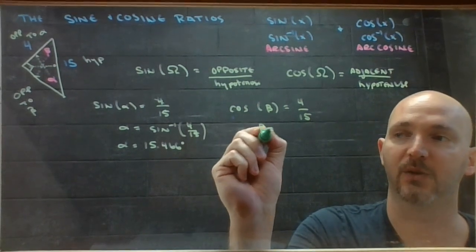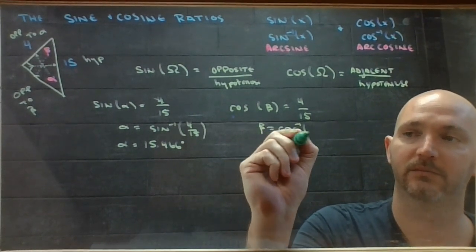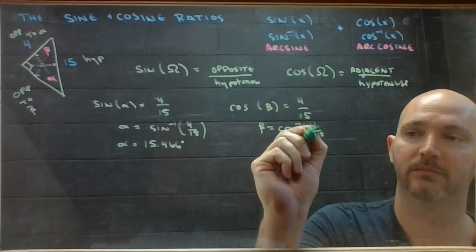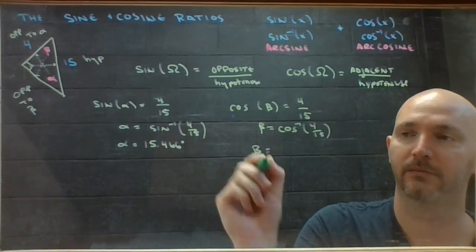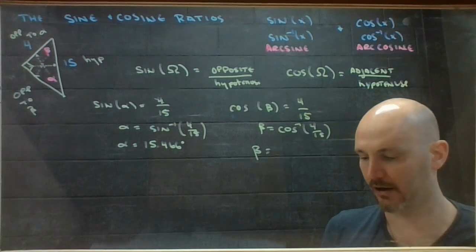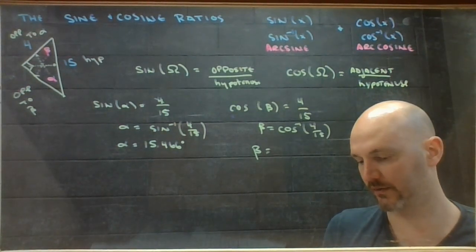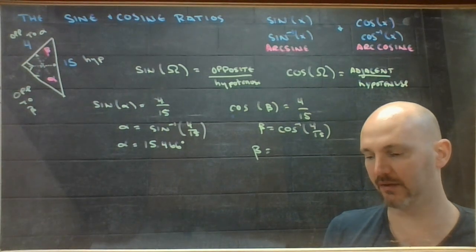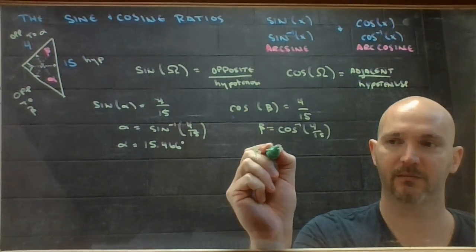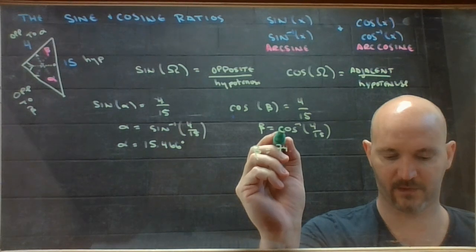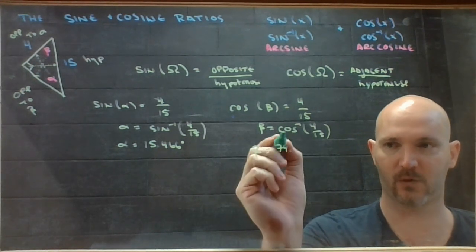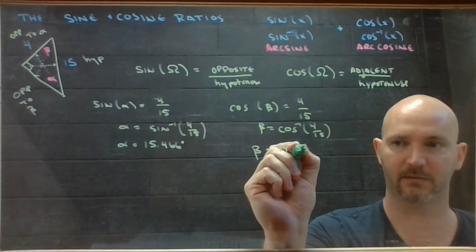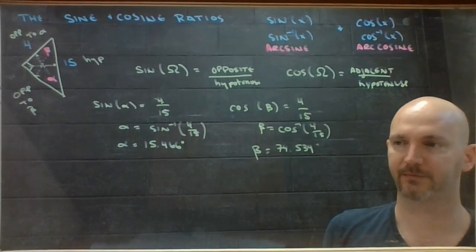So toss it over, get arc cos of 4 divided by 15, which gives me 74.534, if I round it, degrees.